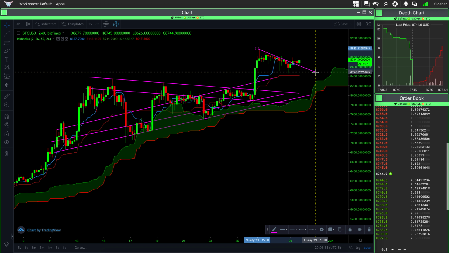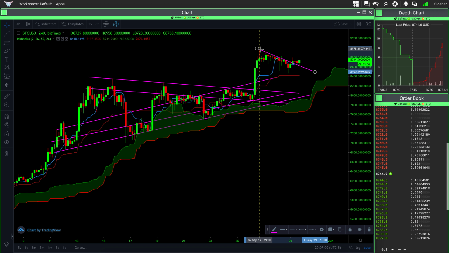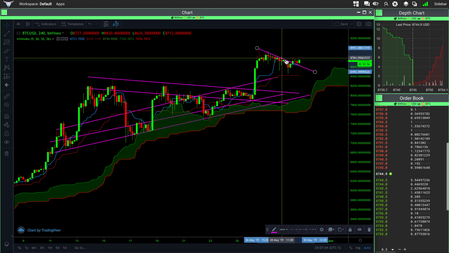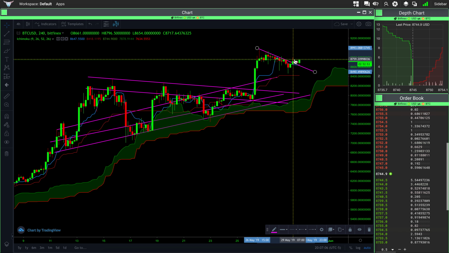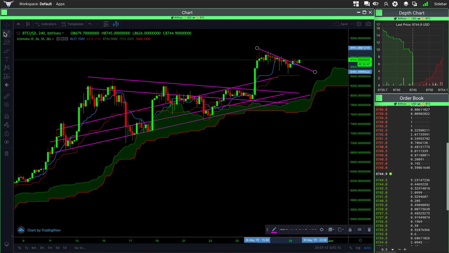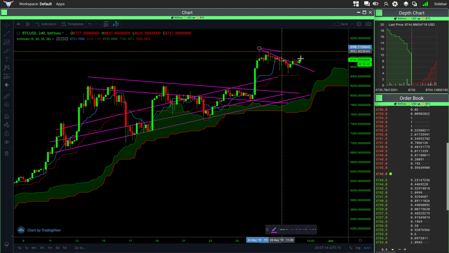So you can't take your eye off the prize. When I look at this, I see the resistance come down through here, and it broke through the resistance. And what happens now? Now it's theoretically turned into support. See how the candle popped above it? So we would really probably have both of these on here.